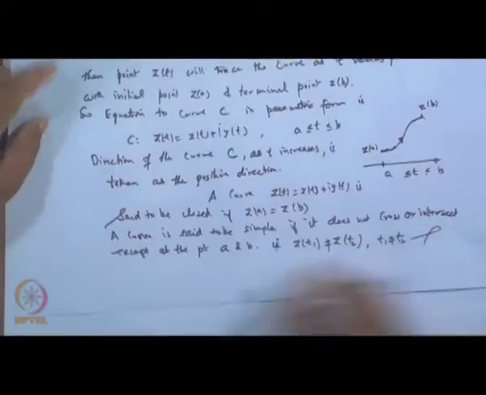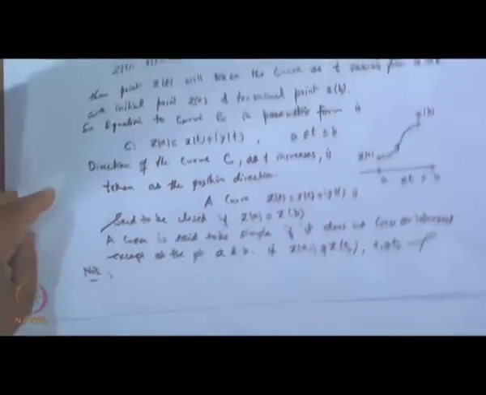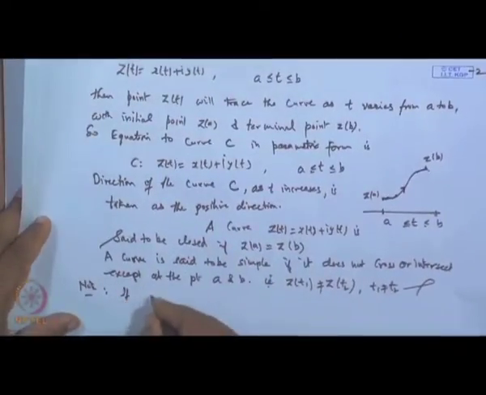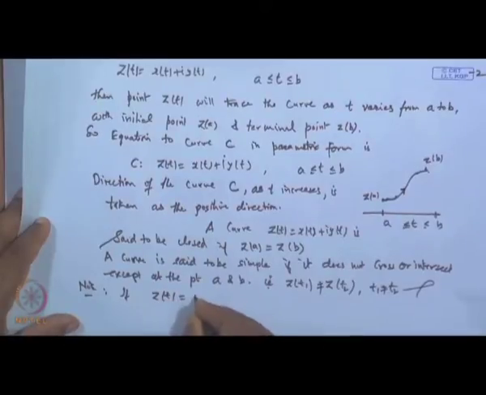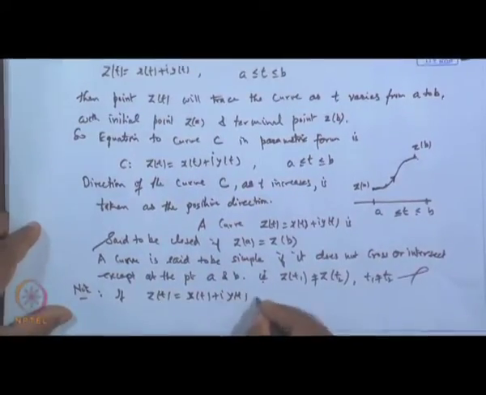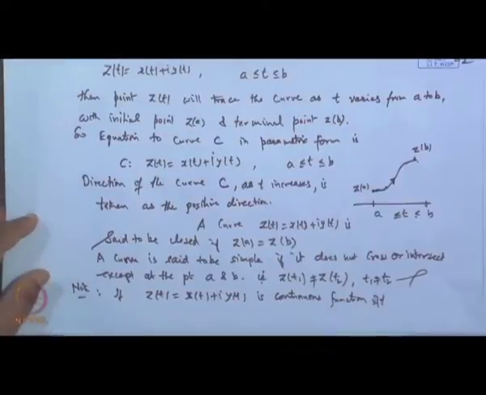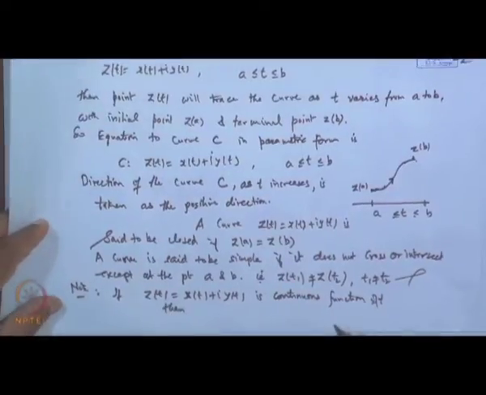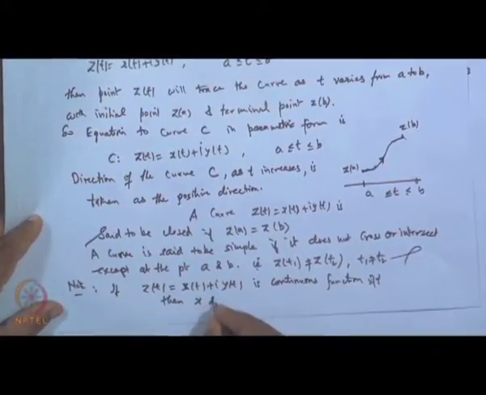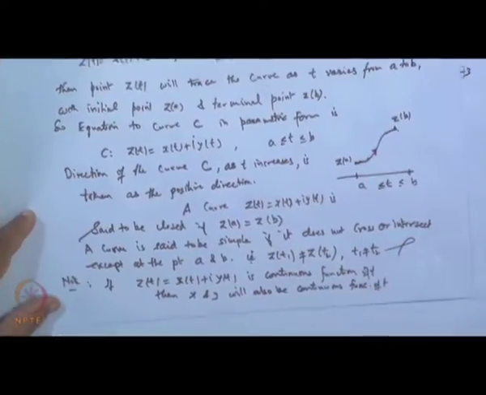So note, if z(t), which is x(t) plus i y(t), is a continuous function of t, then its real and imaginary parts x(t) and y(t) will also be continuous functions of t, and vice versa.